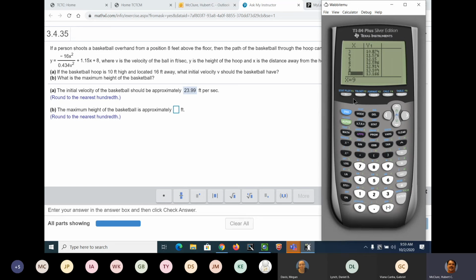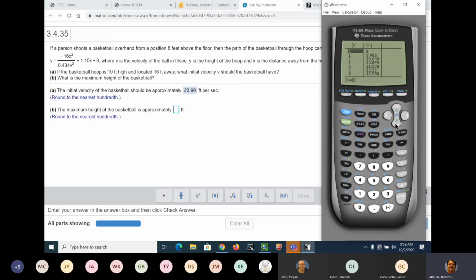Have I still got something wrong in this problem? 8 should be the y-intercept. Why is it not doing 8 is the y-intercept? Second table, 8 should be 0. Oh, I'm sorry. 0 should be 8. There we go.